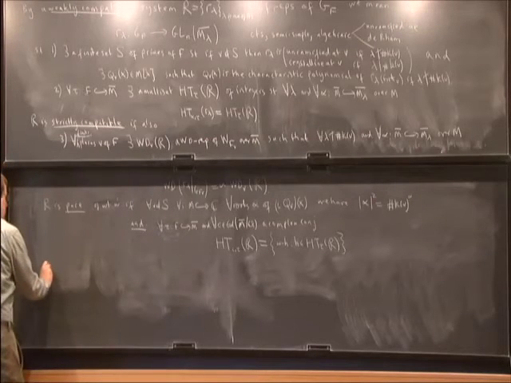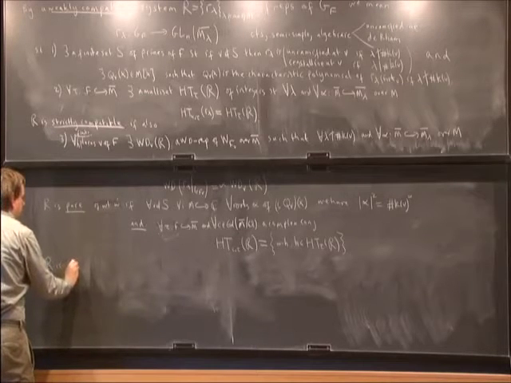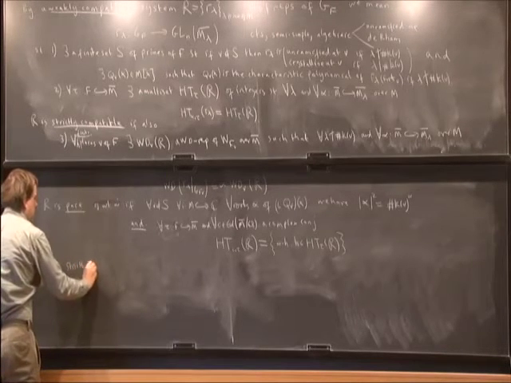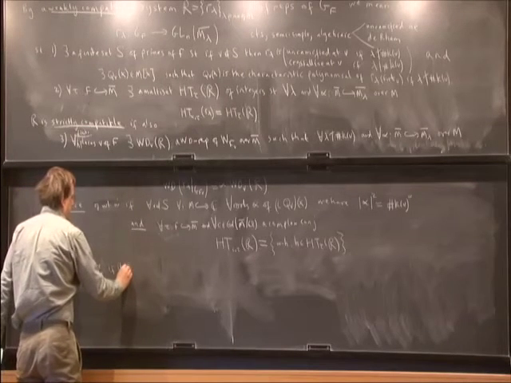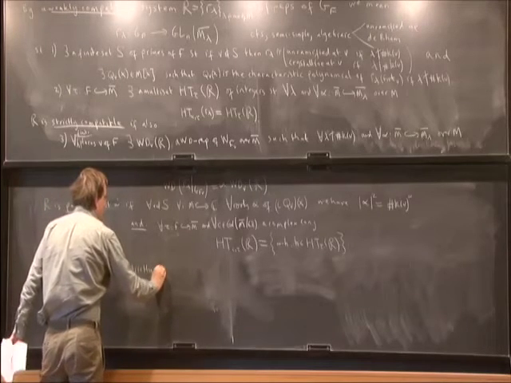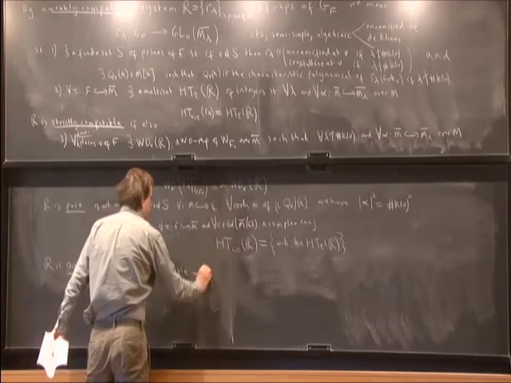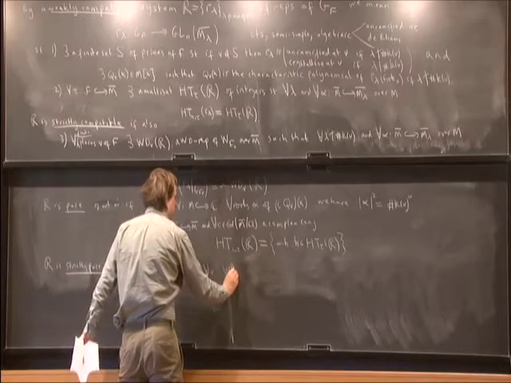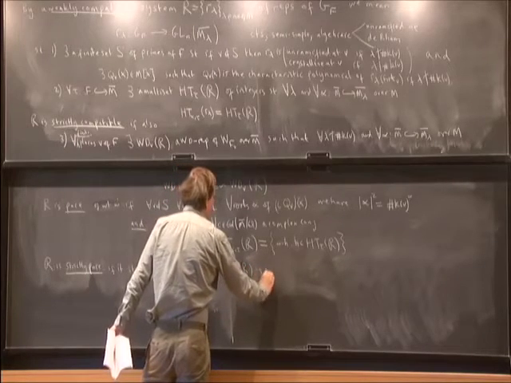And there's a sort of stricter version of this, so let me say R is strictly pure if it is strictly compatible and for all V, the Weil-Deligne representation at V of R is pure.